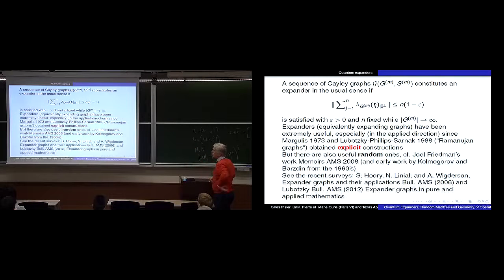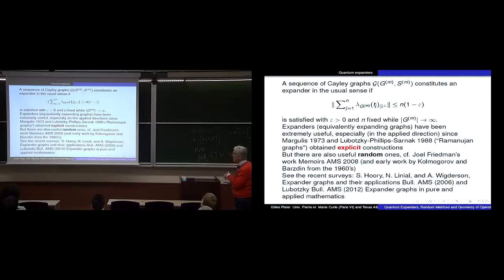Cayley graphs appear in Margulis' work, and it uses deep number theory, and even deeper in the later work of Lubotzky, Phillips, and Sarnak, who developed the theory of Ramanujan graphs, which have the optimal spectral gap, the really largest spectral gap possible. And the important thing is they obtained explicit constructions of such objects.